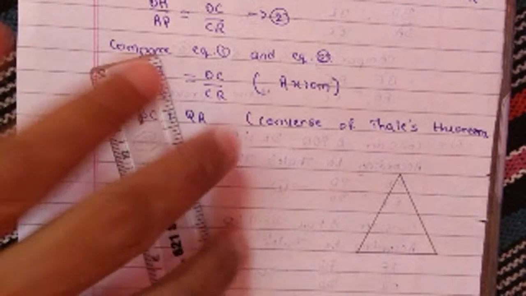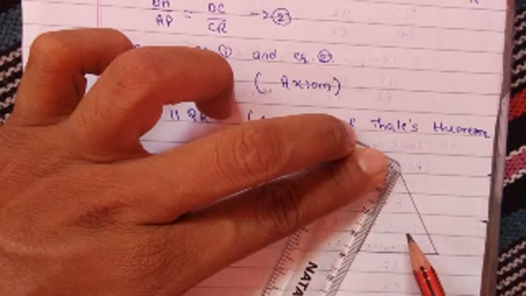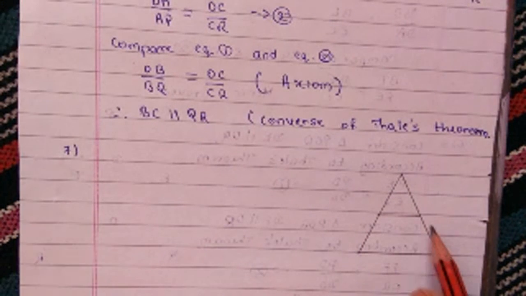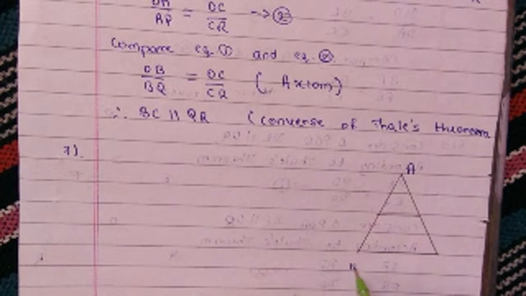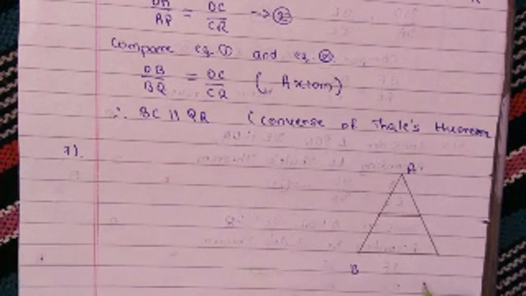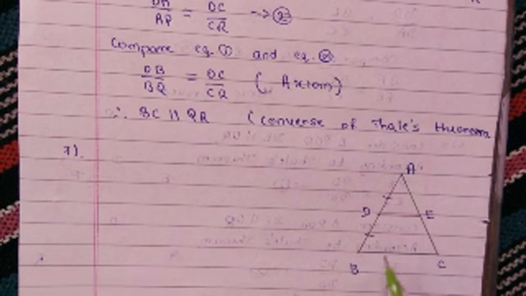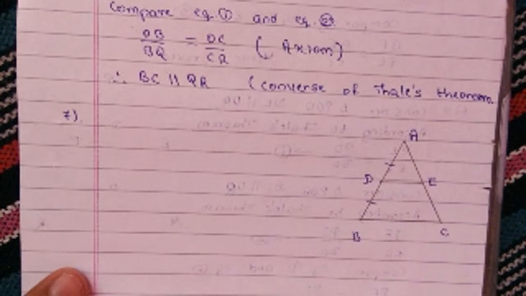I will name the points as A, B, C, D, E, and I will take these two as of equal length.